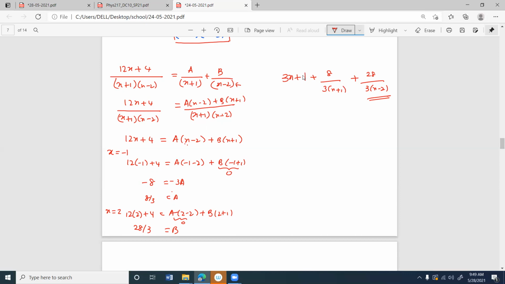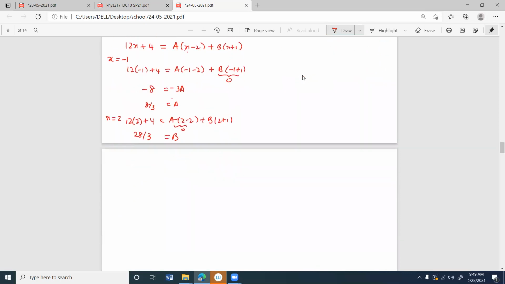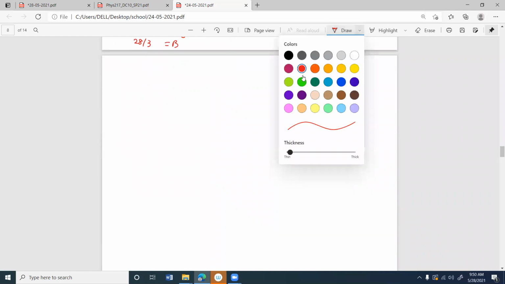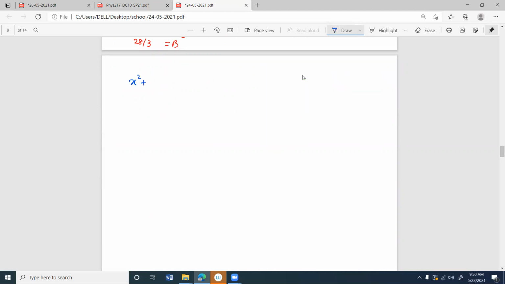We will go ahead with another example as well. Let's see. If it is a question like this, then this is x squared plus 6x minus 4 divided by x plus 1, x plus 2, right?